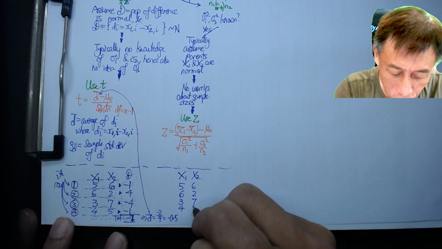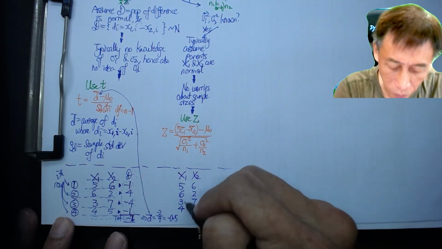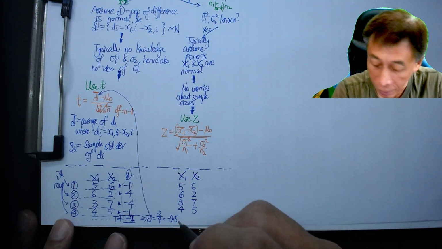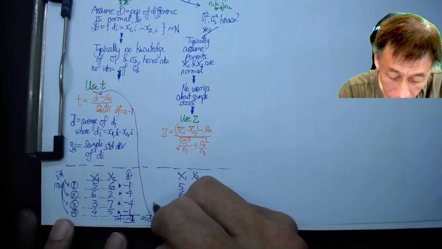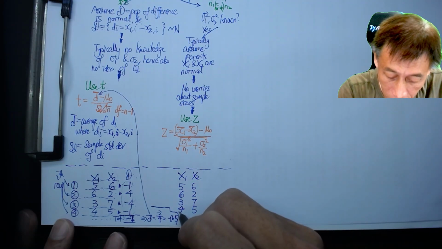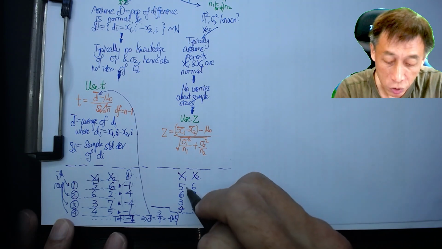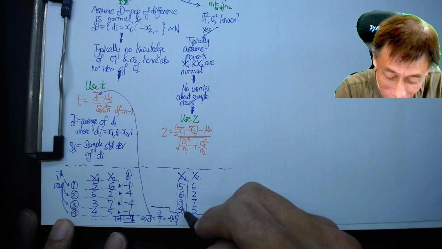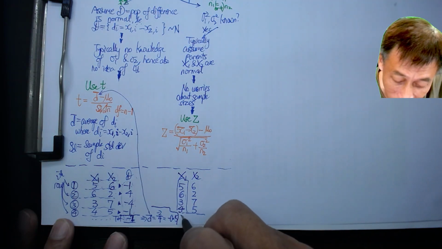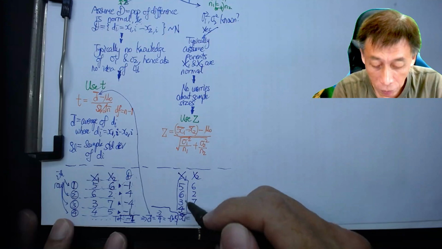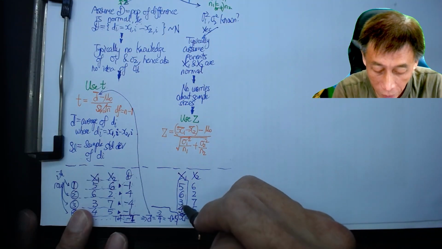Each column is concerned with itself. So x1 is concerned with its own sampling, and then we will just calculate the mean. x1 bar is going to be the sum of all divided by 4, so 11 plus 8.